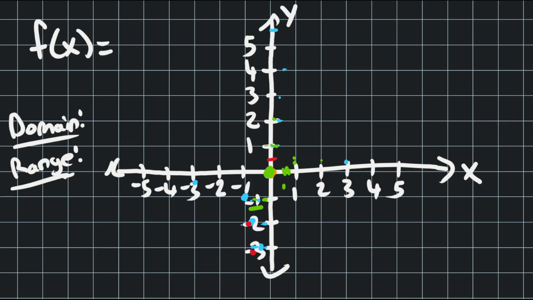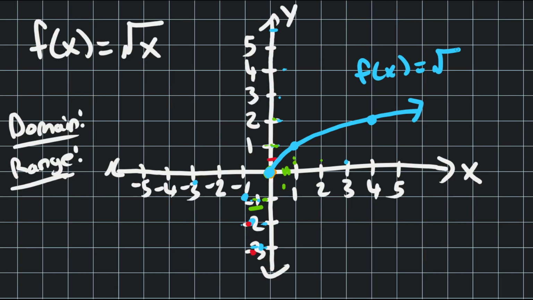There we go. So f of x equals the square root of x. So let's draw this in blue. So f of x equals the square root of x. So here, here, here, and it goes like this.